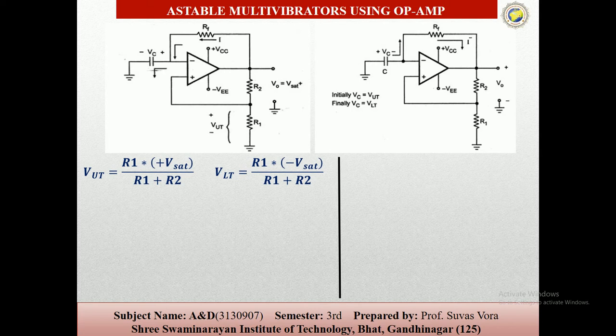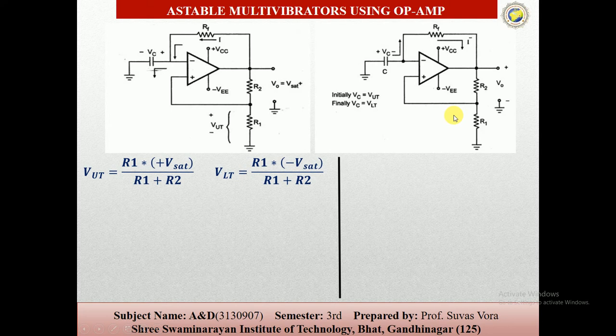So the equation, you can see, VLT equal to R1 into -Vsat upon R1 plus R2. The positive will be here because it is an inverting circuit.